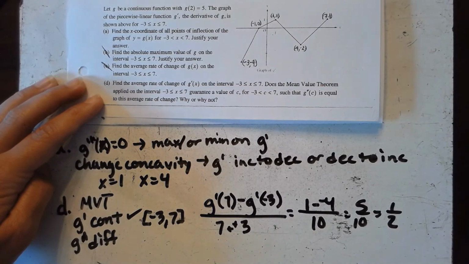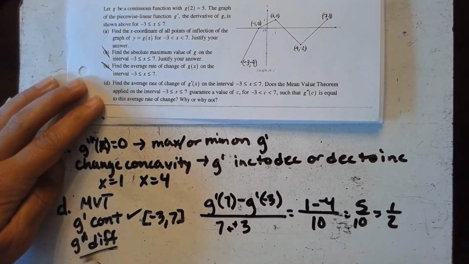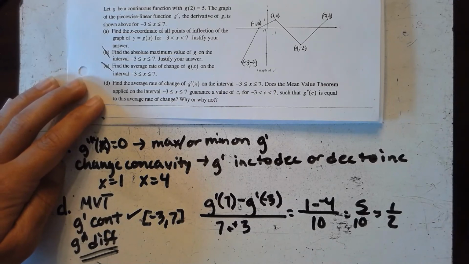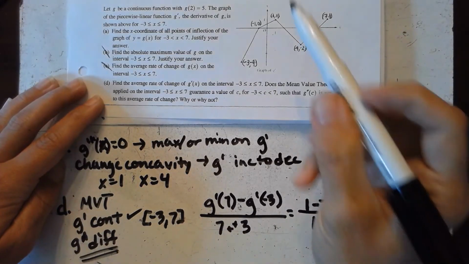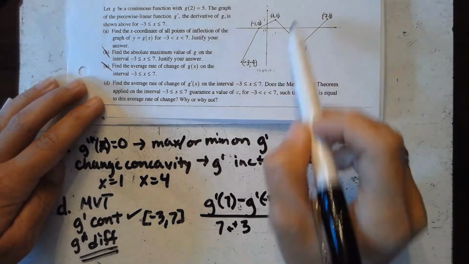Now the question is, does MVT guarantee the existence of a value c? The problem is this: do we know if G double prime is differentiable? We don't know that it's differentiable, because we've got all these sharp turns here.